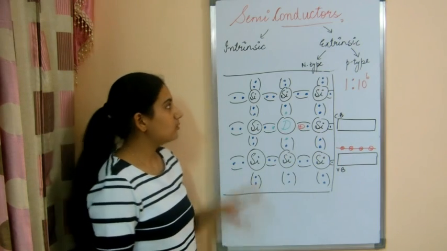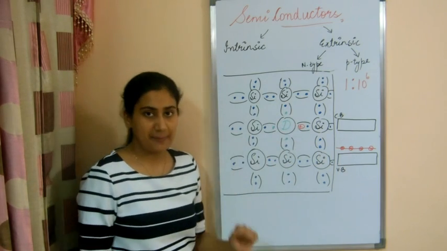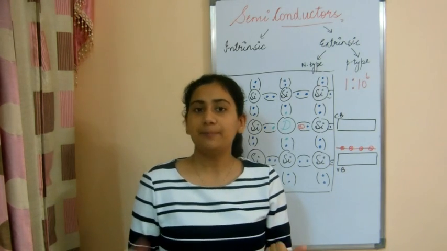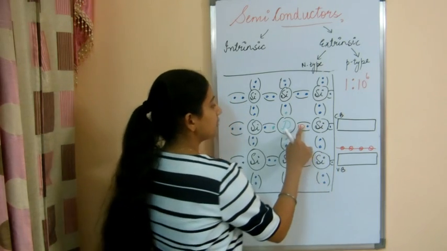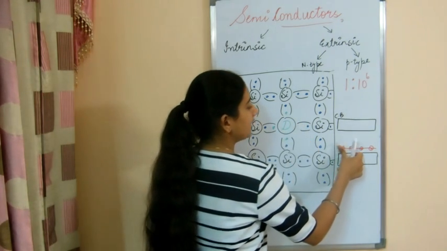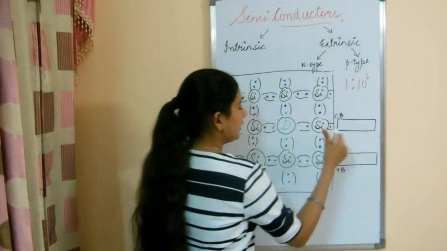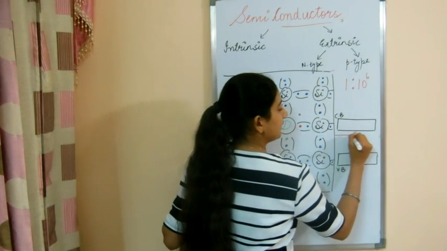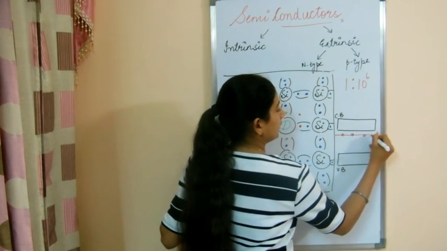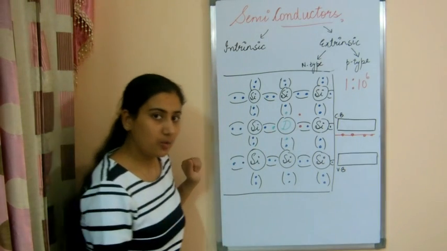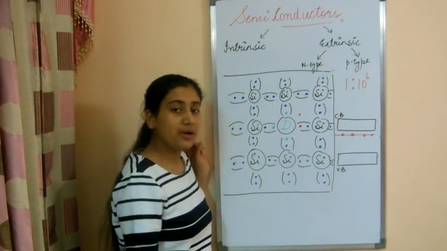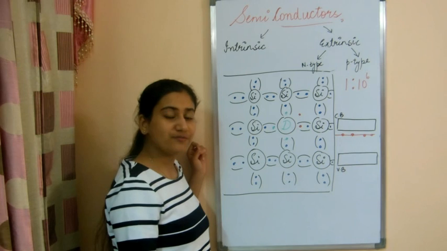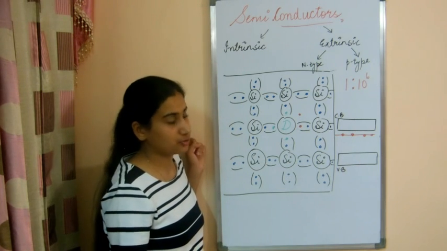Now, if we talk about conductivity in extrinsic semiconductors, we will talk about conductivity of N-type and P-type differently. First of all, we will talk about the conductivity of N-type semiconductors. For N-type semiconductors, we have pentavalent impurity and there is this kind of energy level. As we have discussed in the previous video, in semiconductors the current is produced because of the flow of holes as well as electrons.